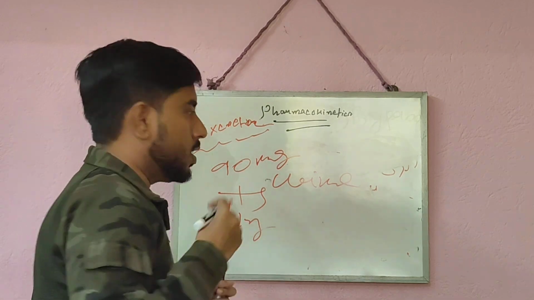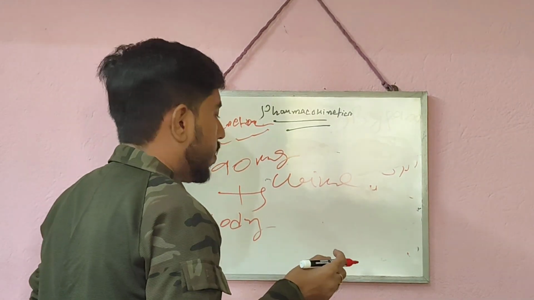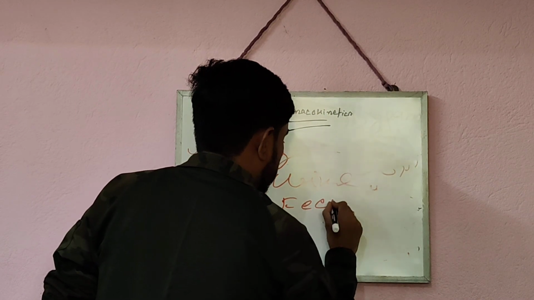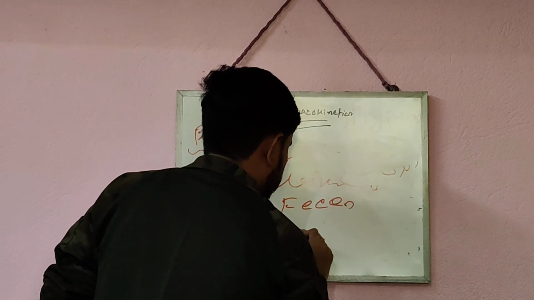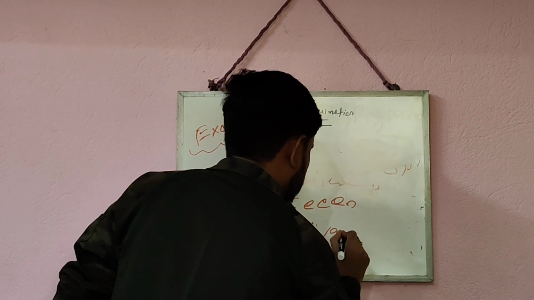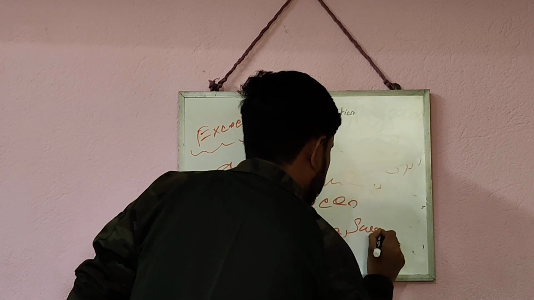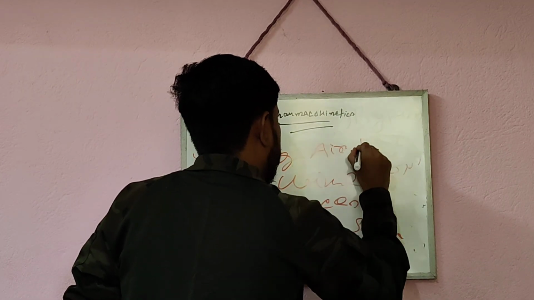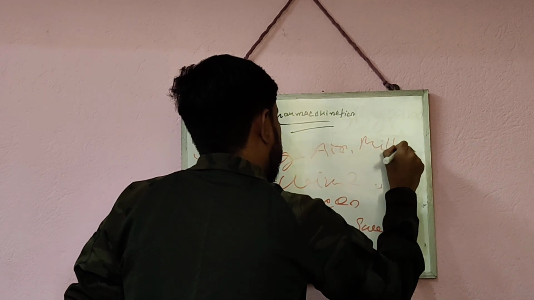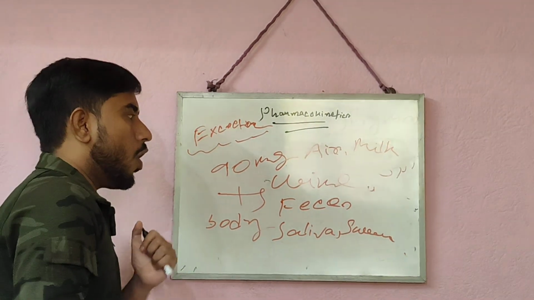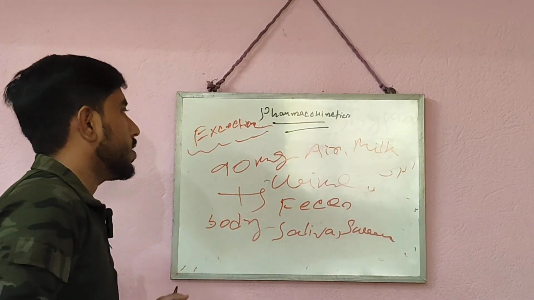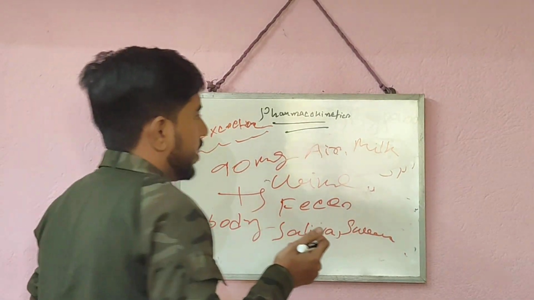What is unmetabolized is going to be excreted from our body through feces, saliva, sweat, air, milk, etc. Different routes are there. All those routes we will also go through when we discuss excretion in the upcoming classes.